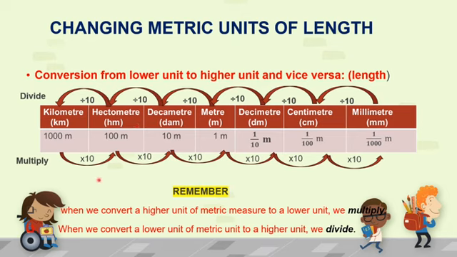If you keep this in mind, then you will always be right in using the basic operation. Which two basic operations do you have to use here? Only multiplication and division. Multiplication for higher to lower, and division for lower to higher.